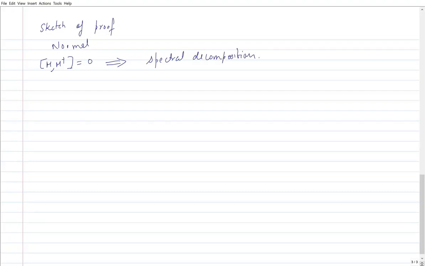So how do we go about proving that? Let's try and play around with this. What does this mean? Well, by definition, this. Now, let's take the simplest case, a 2 by 2 matrix.